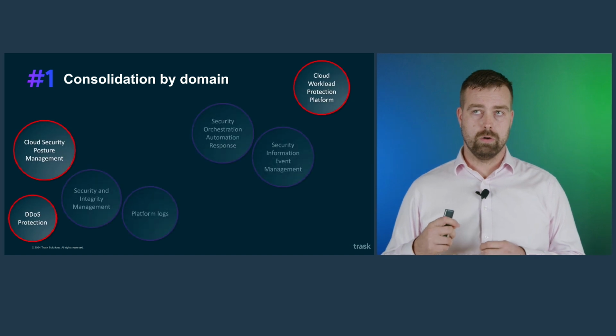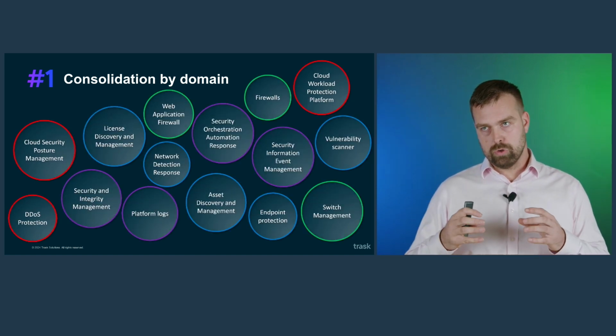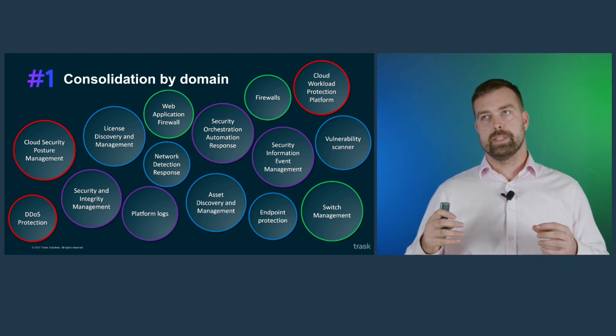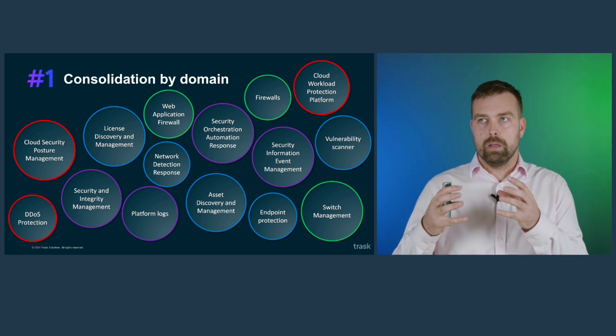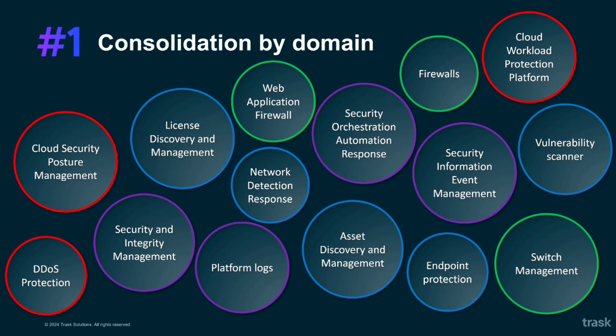One way is consolidation by domain. Simply, you can fragment your tool stack into some bulks, let's say, which are somehow connected, because there are vendors which provide specific things for cloud, but from A to Z. So it's really like a suite which you can use, and it doesn't matter whether it's cloud security posture management or container security posture management or container runtime.